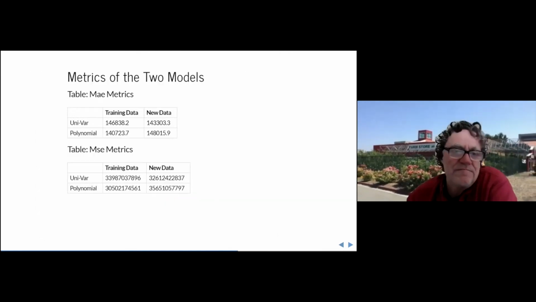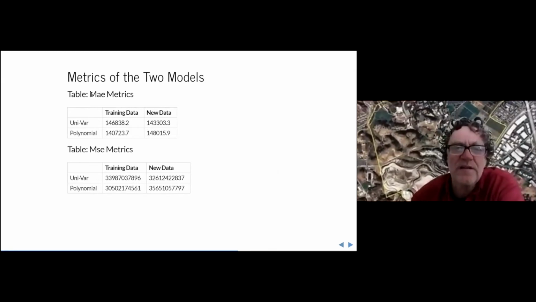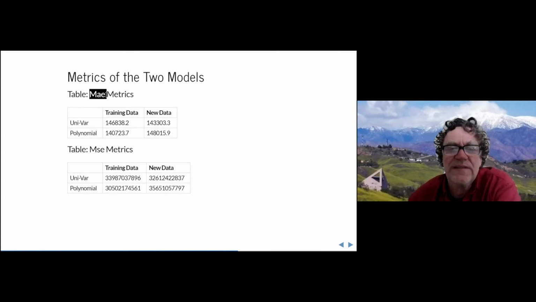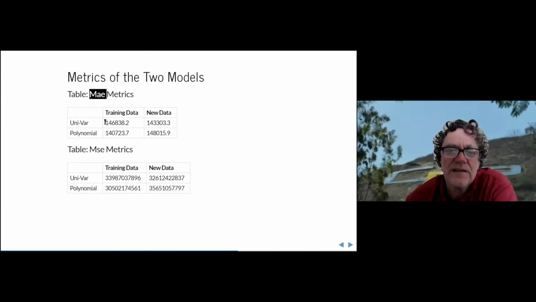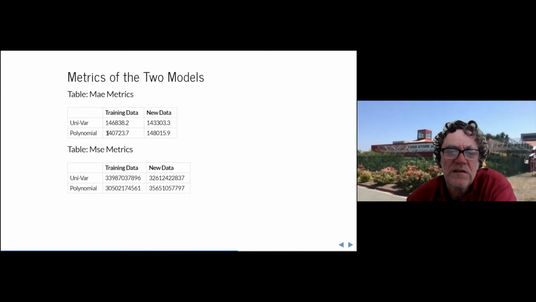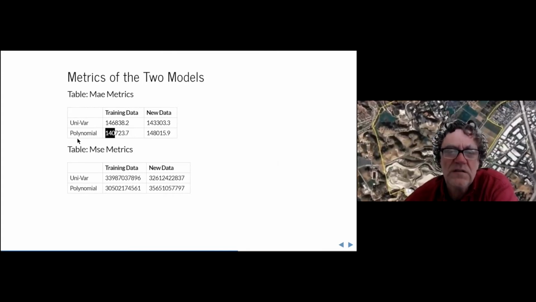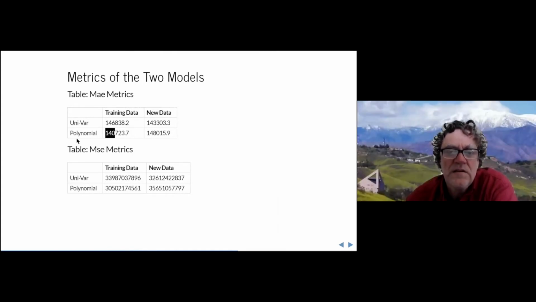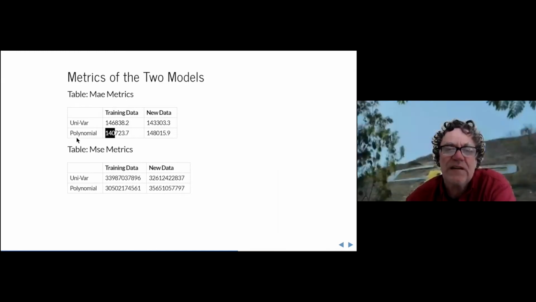And I told you we can calculate the error. Let's start with the mean average error. It's calculated here. And let's look at the training data. If I look at the linear model and I look at the polynomial model, the nonlinear one, the polynomial model is doing so much better with the training data.